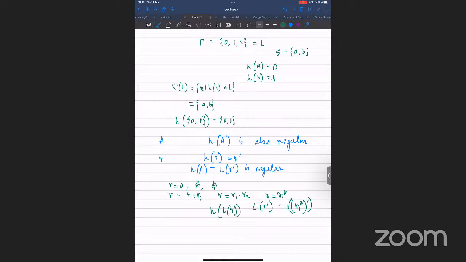This is what we wanted to show. You had the regular set A, and R is the regular expression for this A, and we wanted to do it for R star. We already did the last lecture for this one and this one.